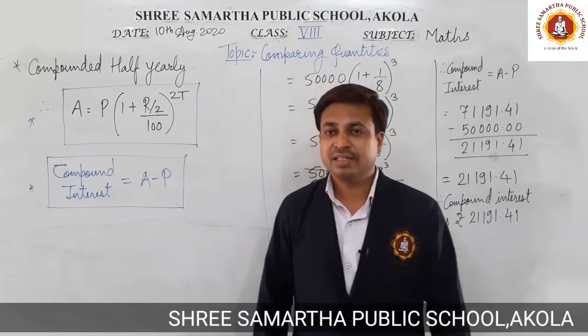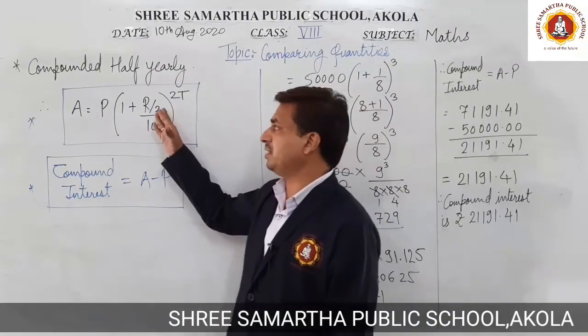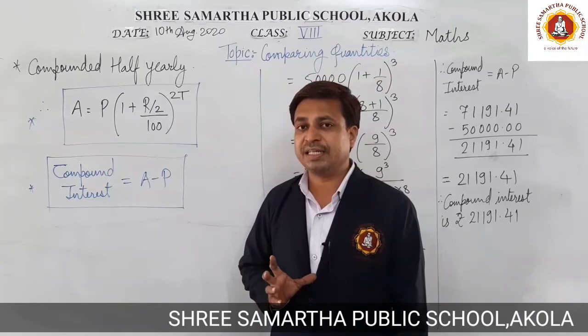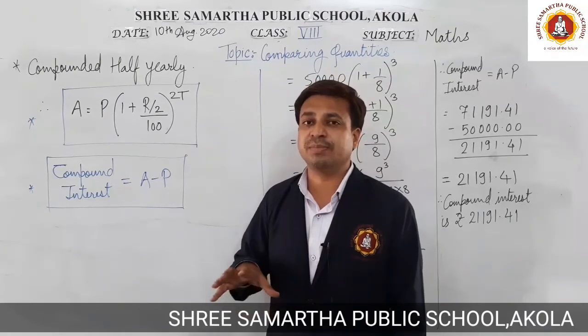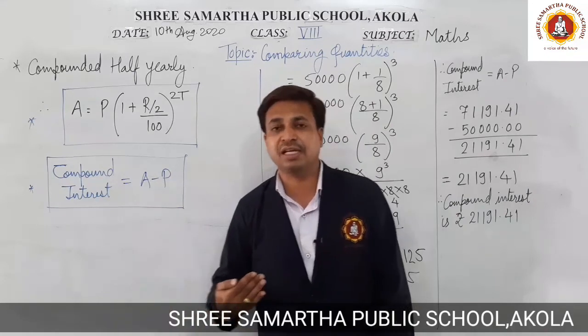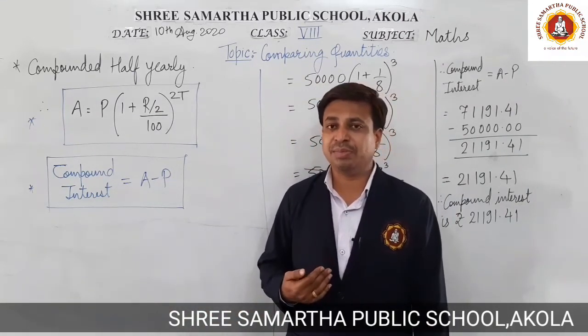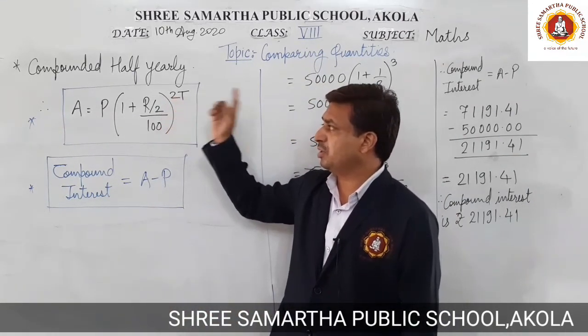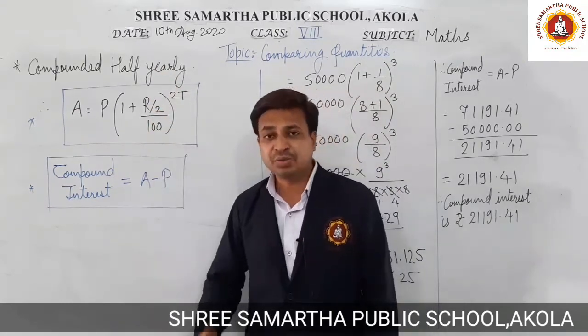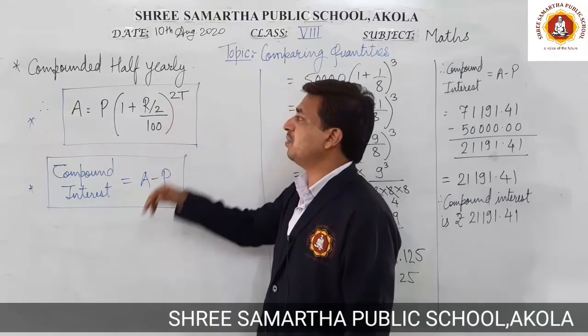Understand, dear students? So in this way there will be a change in the calculation of the amount depending on whether it is compounded annually or half yearly. Compounded annually means R by 1 and time is also by 1. Compounded half yearly means the rate is divided by 2 and time is multiplied by 2.